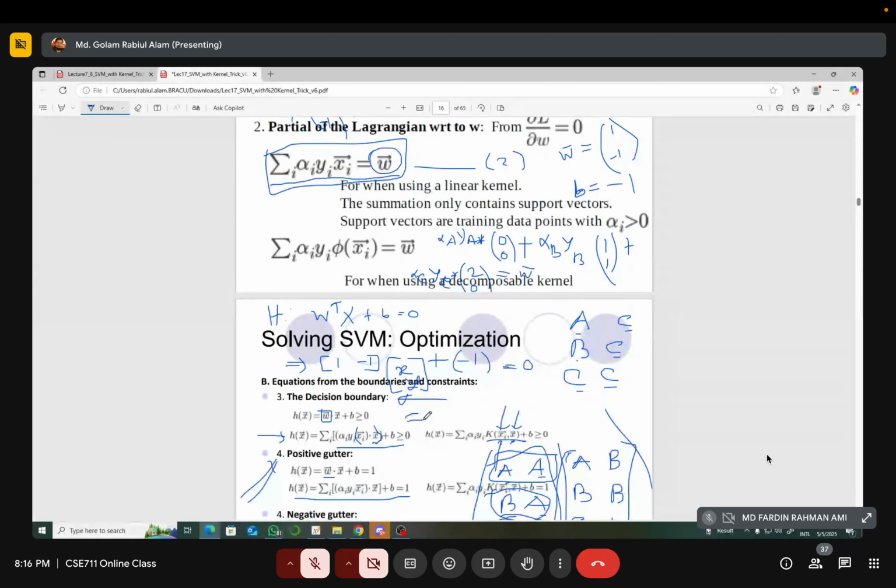So it means the hyperplane equation will be 1 times x, so that is x, minus, there is a minus, and here is a y.